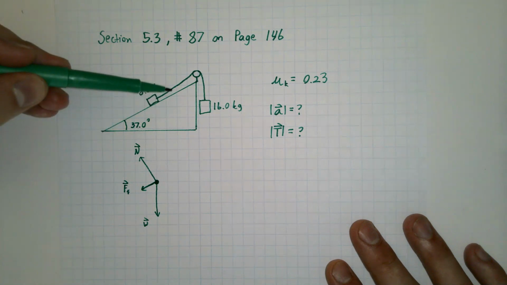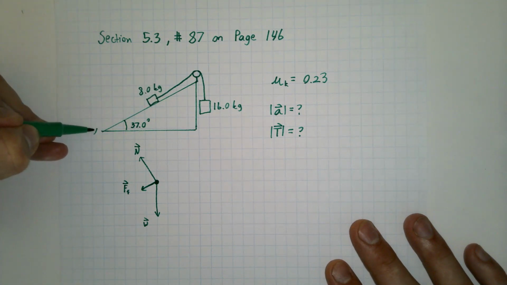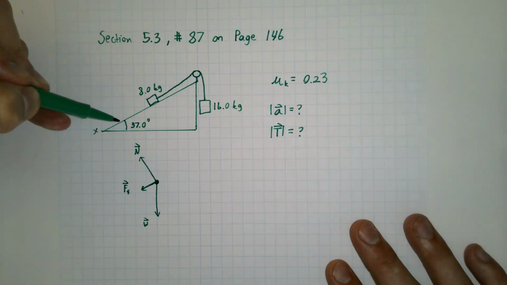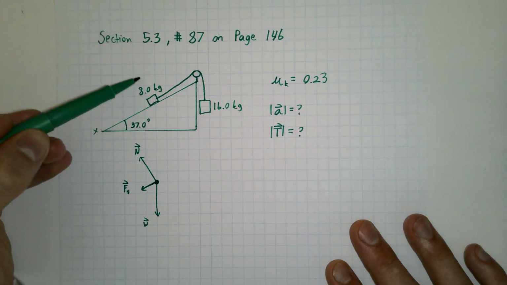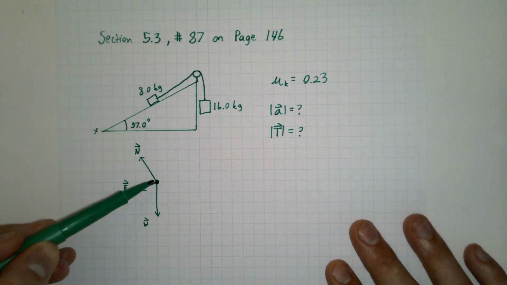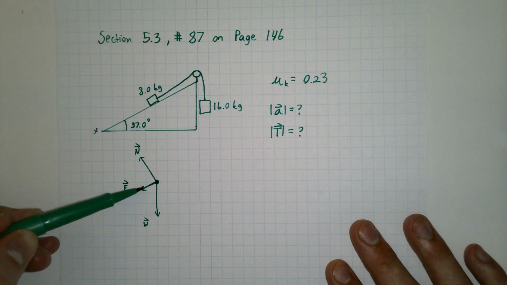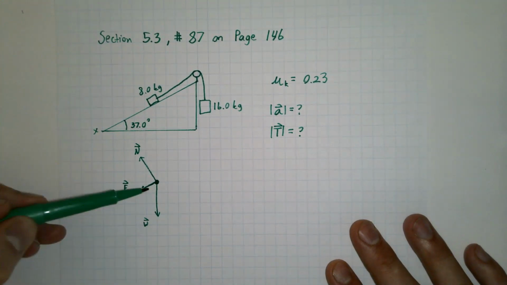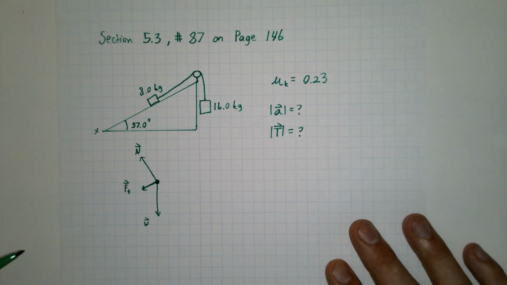If we rotate our axes so that the x-axis is this incline and the y-axis is the perpendicular plane to the incline, that makes this normal force along the y-axis, this frictional force along the x-axis in the negative direction.